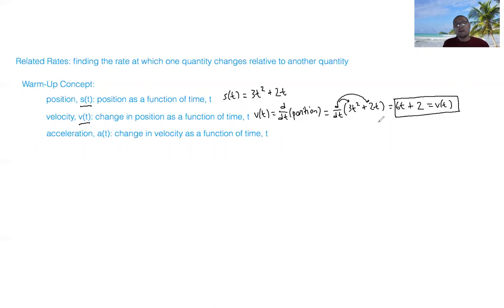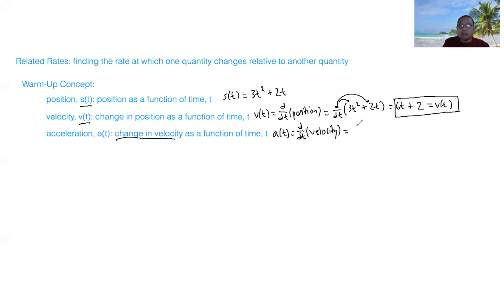To get the change in velocity as a function of time, which is the acceleration, it's the same thing. The acceleration with respect to time, or the change in velocity as time passes, is the derivative with respect to t of velocity.